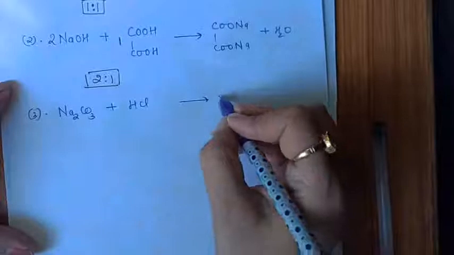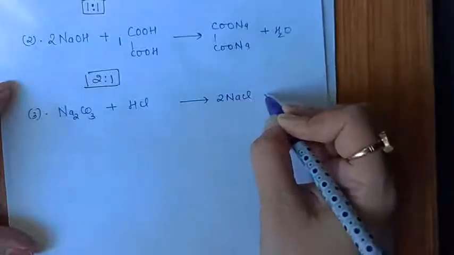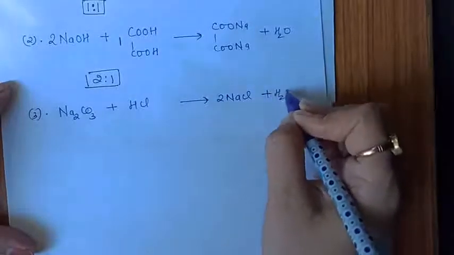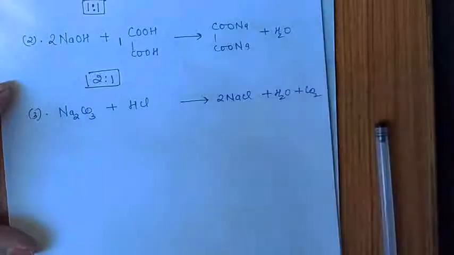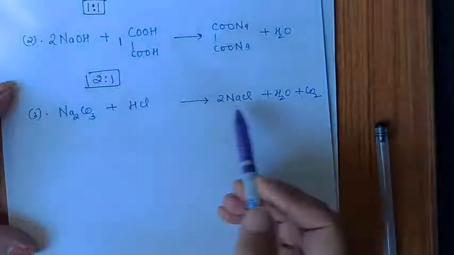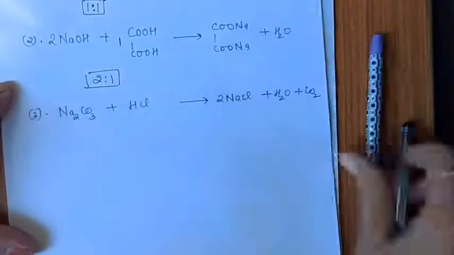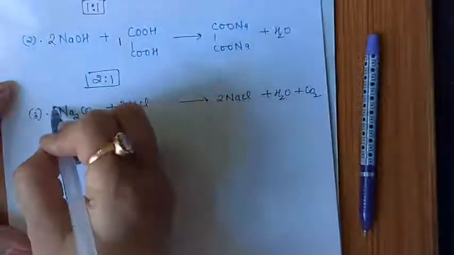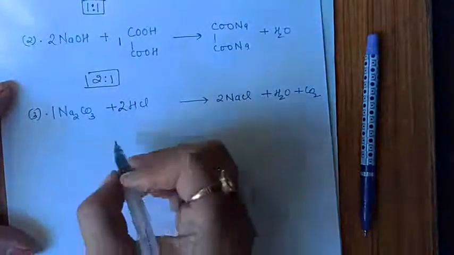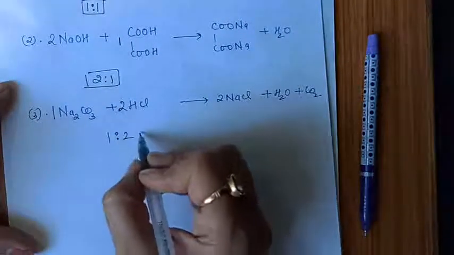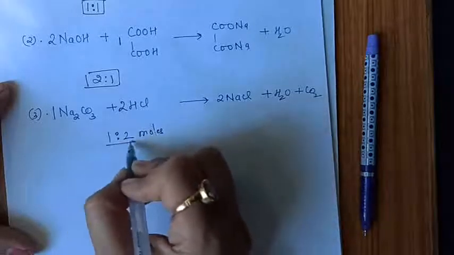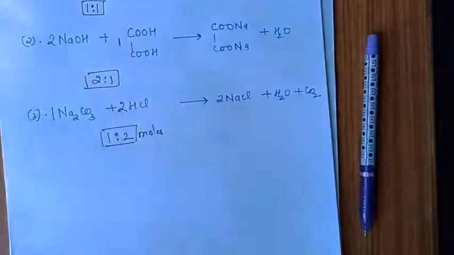So for this, the reaction will be written as 2NaCl plus H2O plus CO2. So here can you see you are getting 2 chlorine in the product. So it means you will require 2 HCl molecules to react with 1 molecule of sodium carbonate. So the ratio will be 1:2 moles. So this is how we can think of the probability.